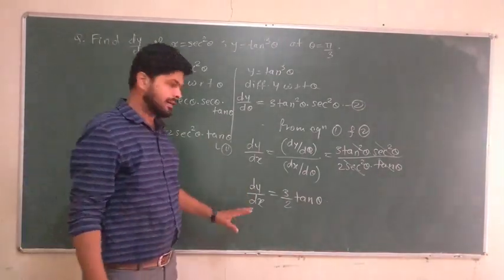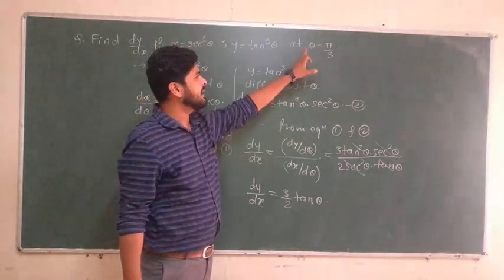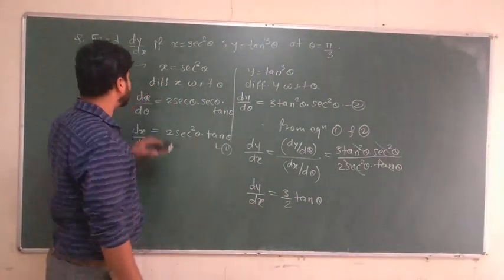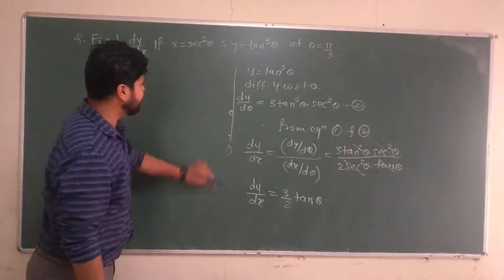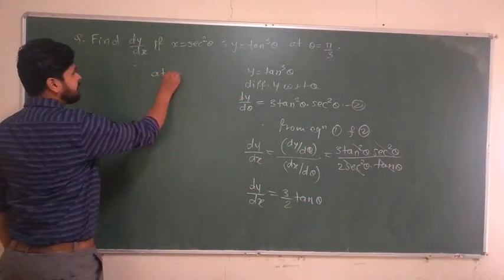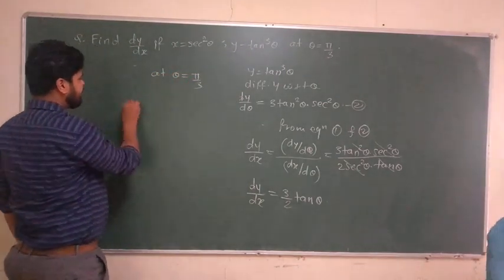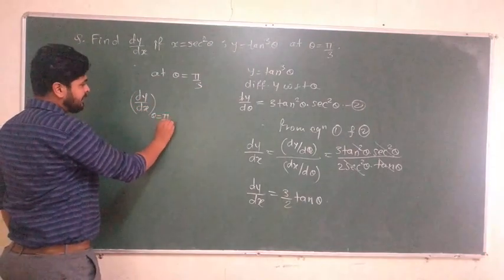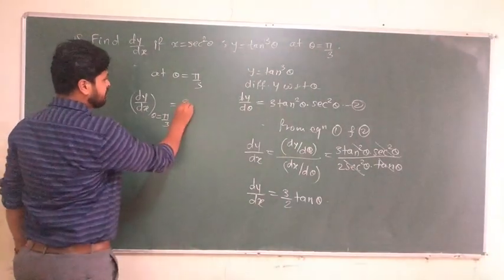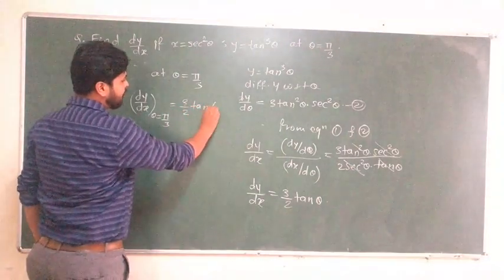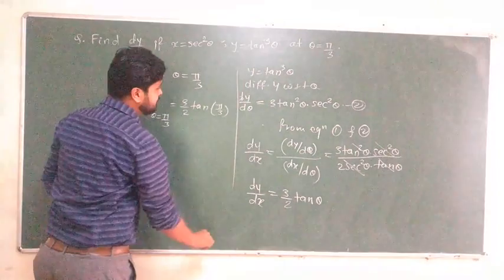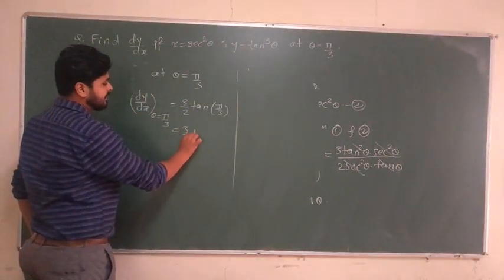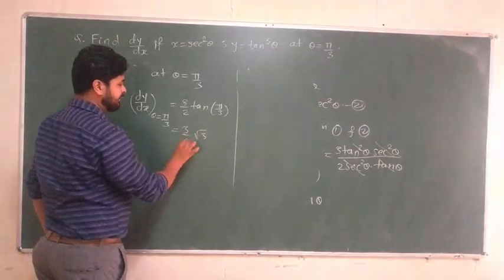But this is the value of dy by dx. We have to find this value at theta equal to pi by 3. So now I put the value of theta equal to pi by 3. So dy by dx at theta equal to pi by 3 is equal to 3 by 2 tan of pi by 3. So the value of tan pi by 3 is root 3.